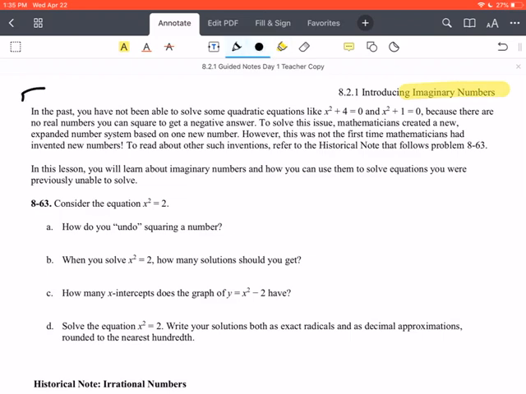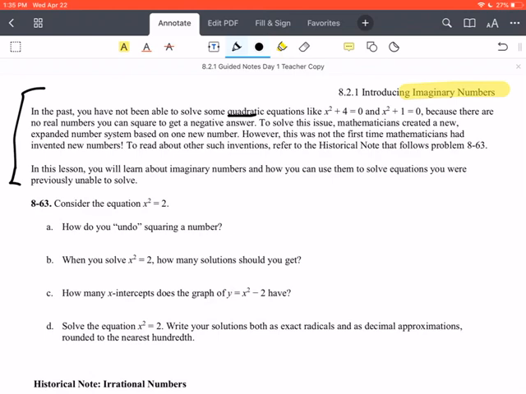So in our introduction, it says, in the past, you have not been able to solve some quadratic equations like x squared plus 4 equals 0 or x squared plus 1 equals 0 because there are no real numbers that you can square to get a negative answer. To solve this issue, mathematicians created a new expanded number system based on one new number.